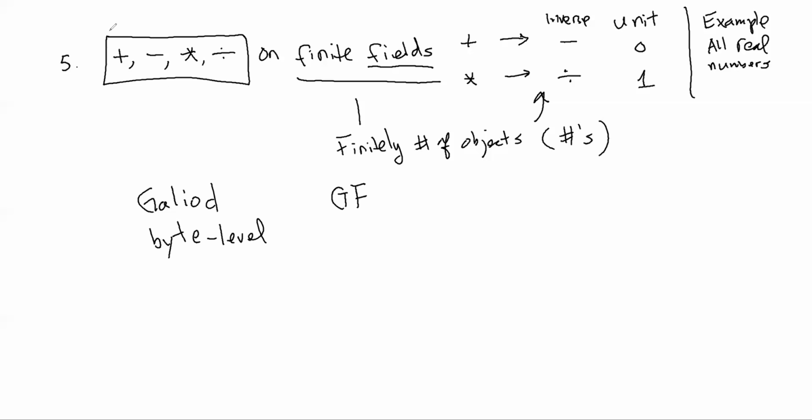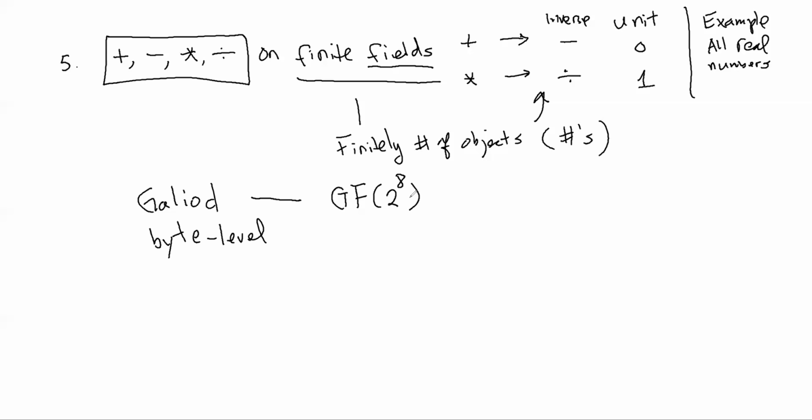So then the corresponding finite field is denoted as GF, Galois field. This mathematician Galois invented it. So then this is GF of 2 to the 8, and 2 to the 8 is 256.